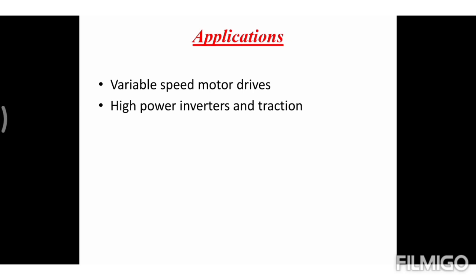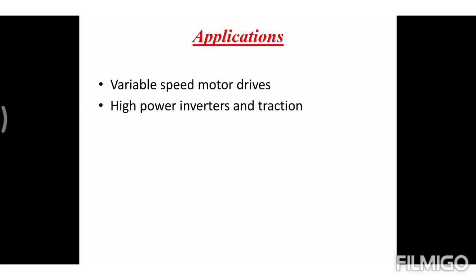Next, what are the applications of this GTO? One of the applications is variable speed motor drives. Second one is high power inverters. And third one is traction. So these are the 3 important applications for GTO.